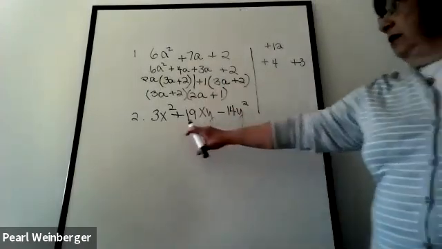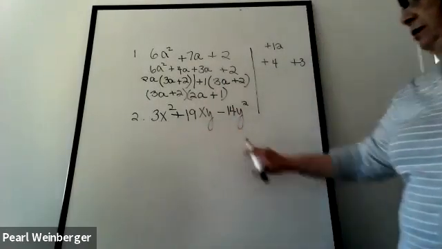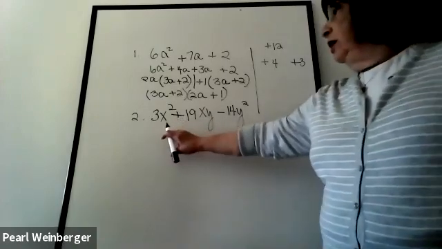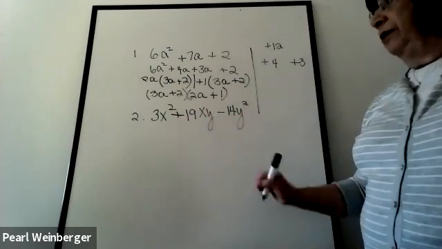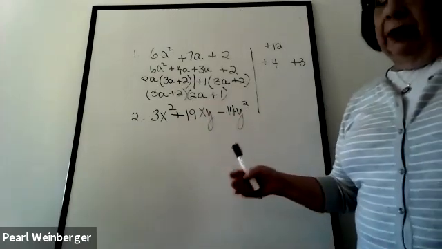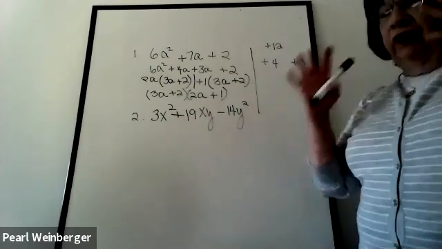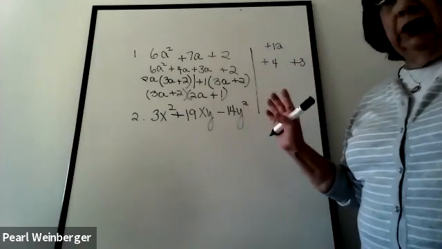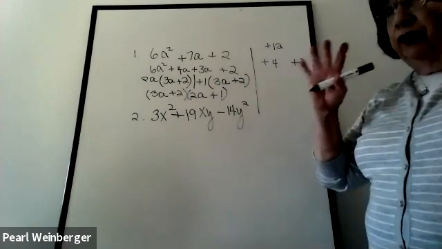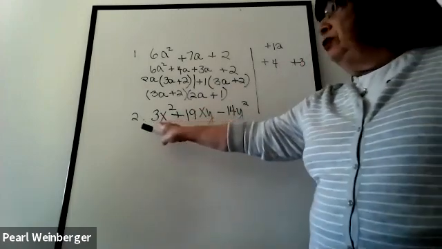Looking at this next one, the 3x squared plus 19xy minus 14y squared. If you recall, I told you it looks very confusing when you have two variables. So for the moment, pretend that there's only one variable.